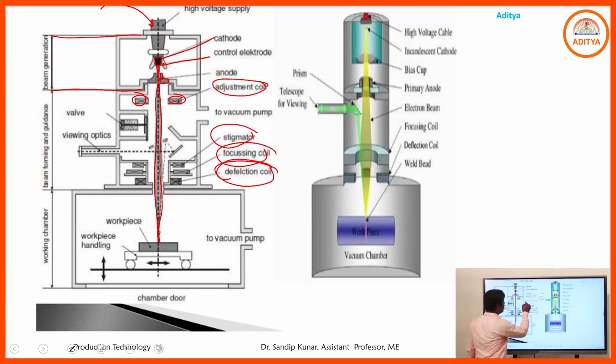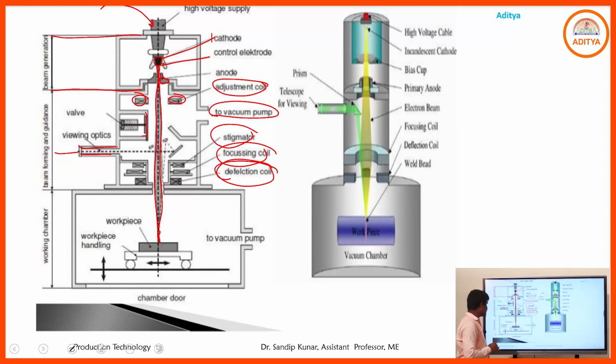Here two vacuum pumps are there that help to take the air particles out of the vacuum chamber. And here we are seeing the viewing optics, through which we see the flow of the electron beams. And there is the valve position.